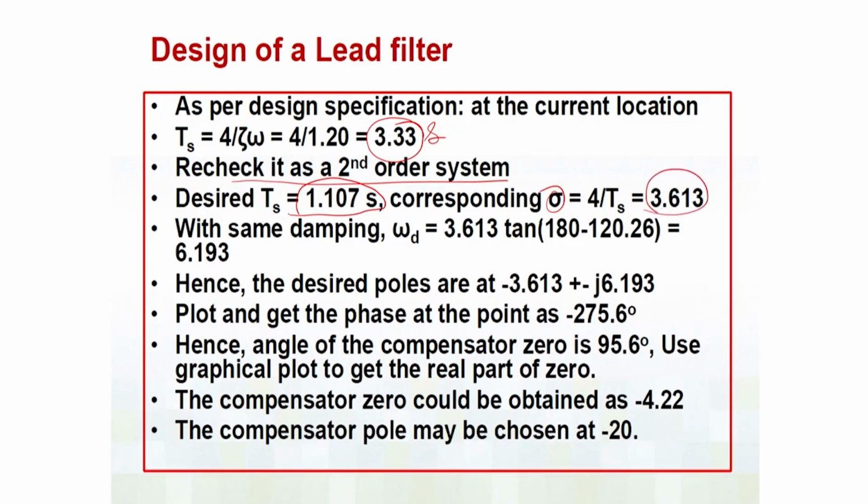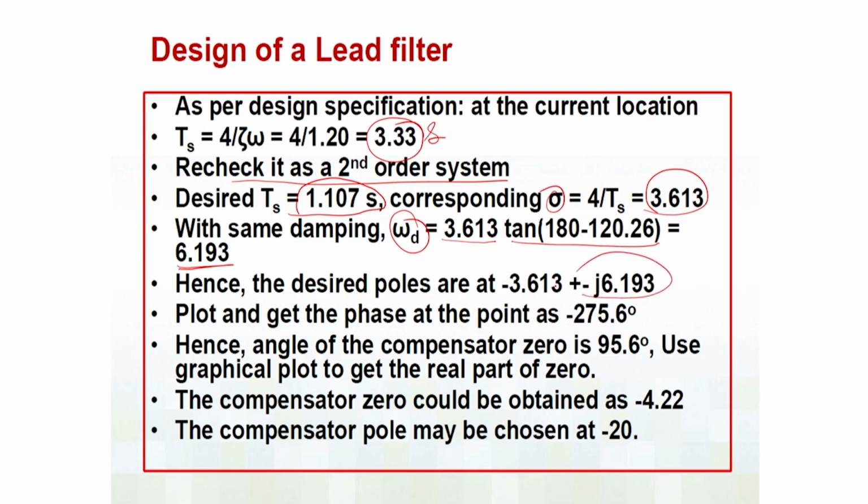If I want to keep the same damping, then where should be my placement of the poles? The omega d value then should be 3.613 tan of 180 minus 120. That is the desirable value of omega d, which is 6.193. So, that means the desired poles are to be shifted such that they are at minus 3.613 plus minus j 6.193.